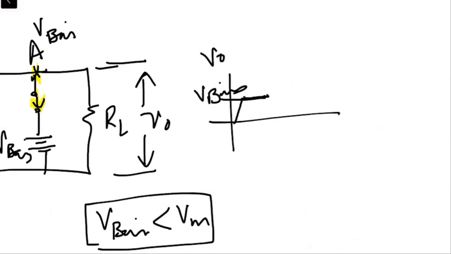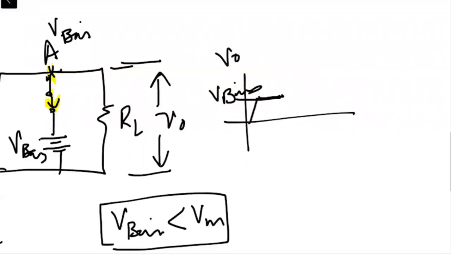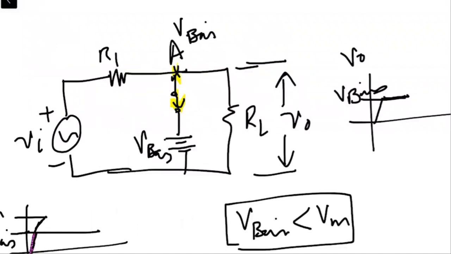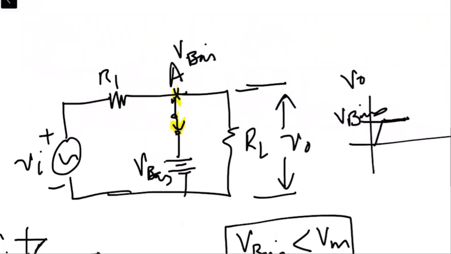Once the value of the input reduces from V bias, this means the value at point A reduces from V bias. So when it reduces from V bias, the diode, which was a closed switch, will now become an open switch, right?